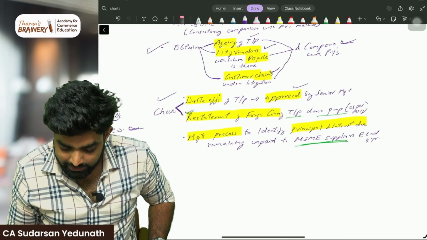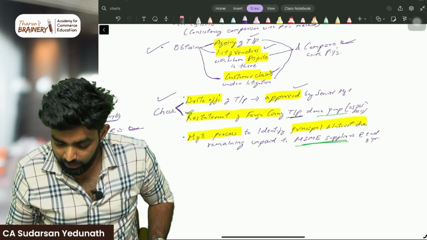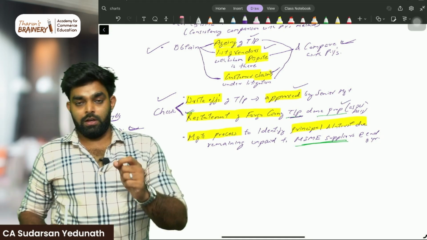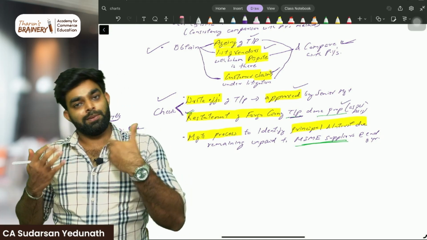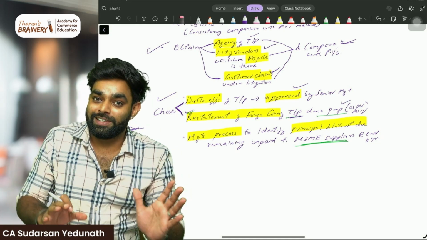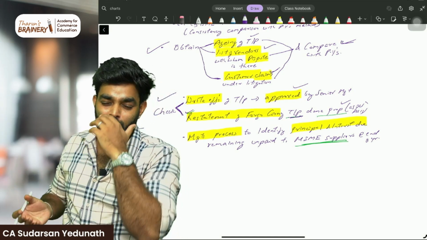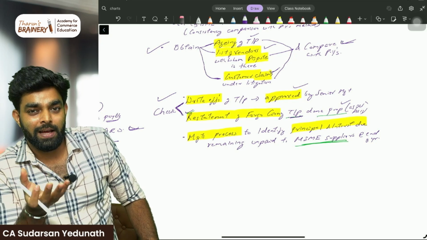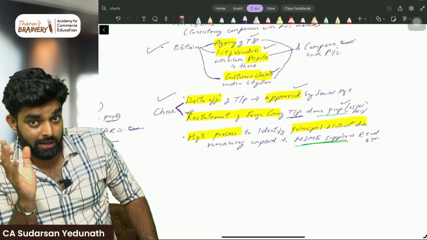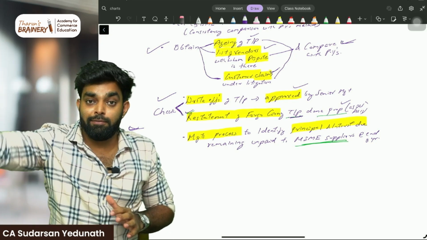Then check the restatement of foreign currency trade payable is done properly. Imagine boAt itself bought some 1,000 kg of plastic or magnets for their earphones from China. It was from a different country.